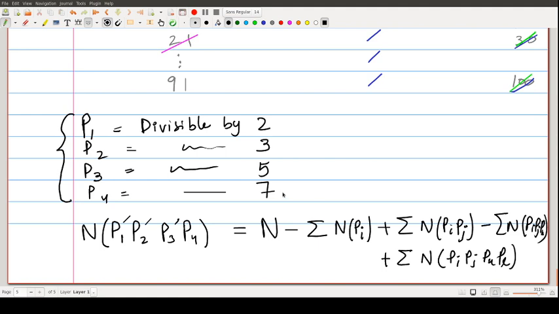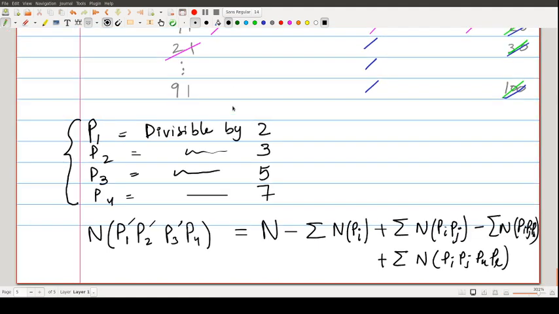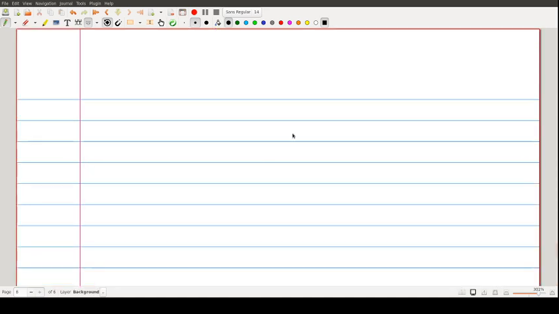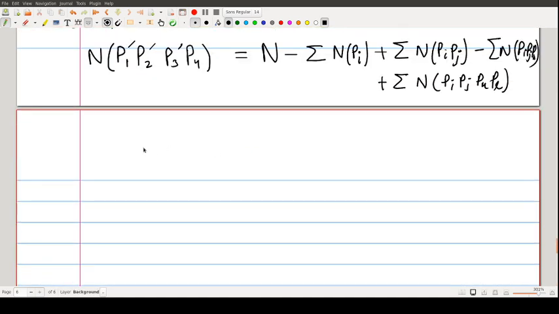And what is this equation telling me? This equation is telling me that these are elements that are not divisible by 2, 3, 5 or 7, which means these are basically the number of primes. If they're not divisible by 2, 3, 5 or 7, then they're going to be the number of primes.